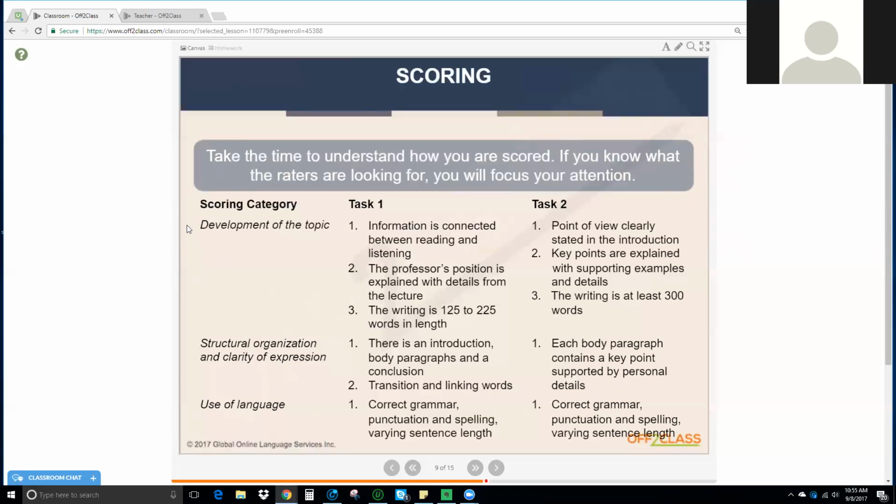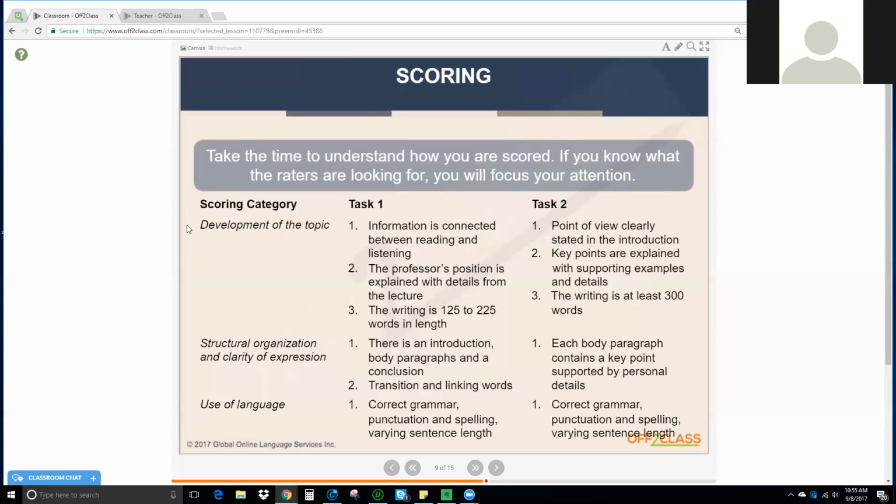So in our first task, information is connected between reading and listening. The professor's position is explained with details from the lecture. And the writing is 125 to 225 words in length. Our second person clearly stated the point of view in the introduction.